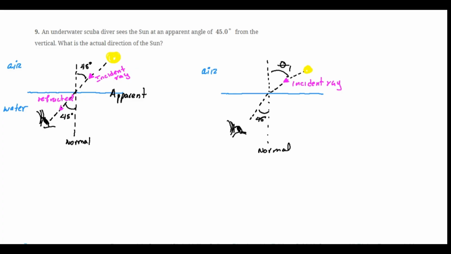And of course, we have water. This is water. So the angle theta 1 is not really an angle of 45 degrees. Because as we are going from air to water, what happens with that ray is that it has moved toward the normal. So the incident ray needs to be at an angle of more than 45 degrees.